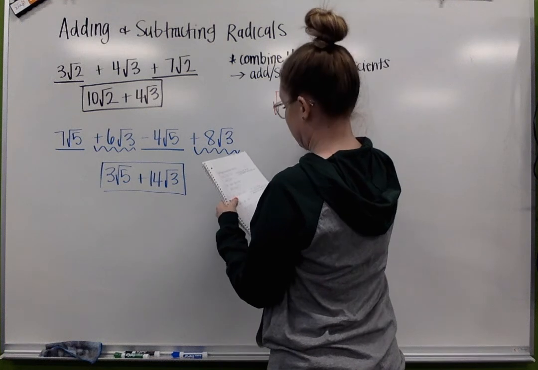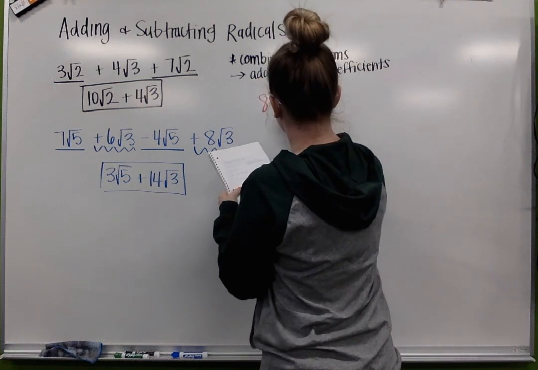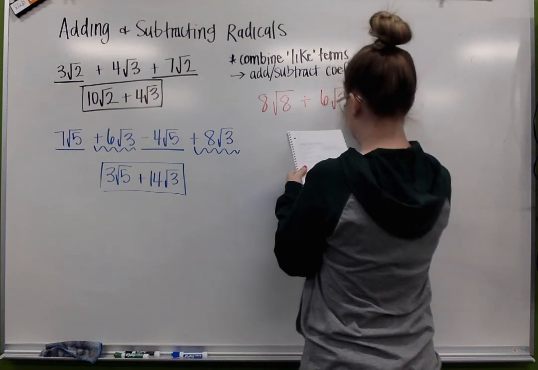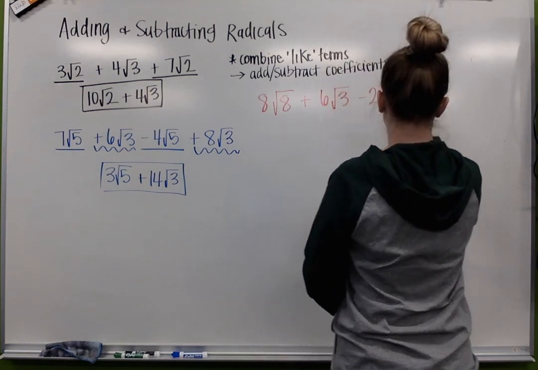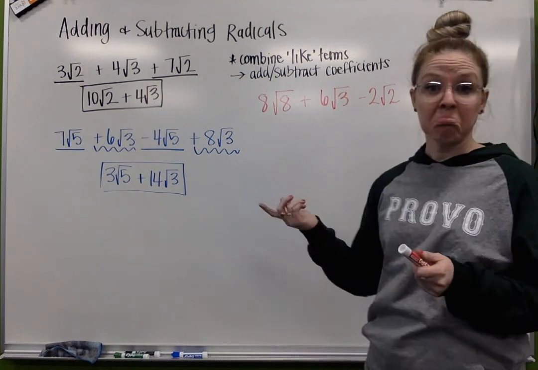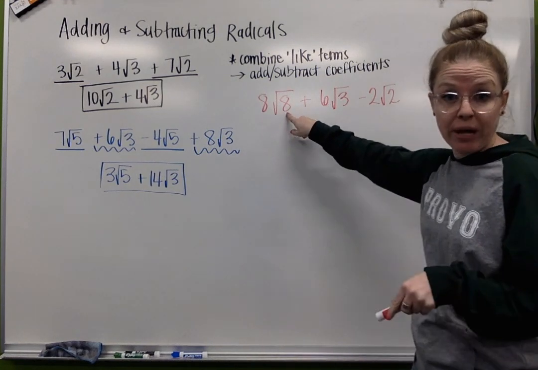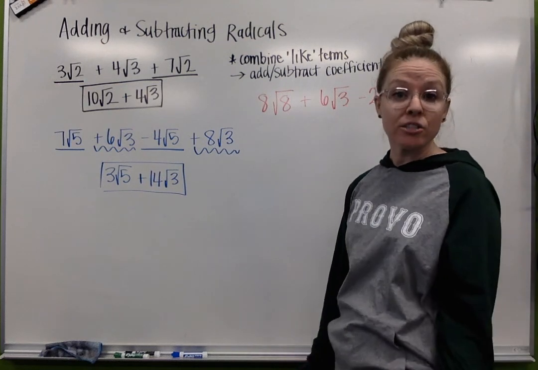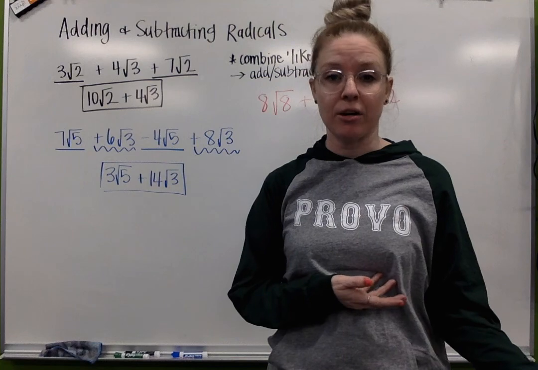So here, I'm going to have 8 times the square root of 8 plus 6 square root of 3 minus 2 square root of 2. So in this case, I have a root 8, square root 3, and a square root 2. None of those match, so I can't add anything together.